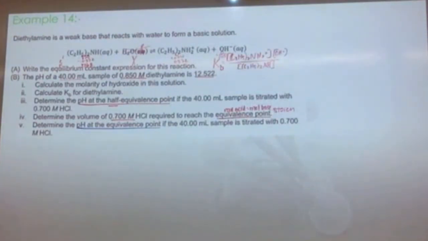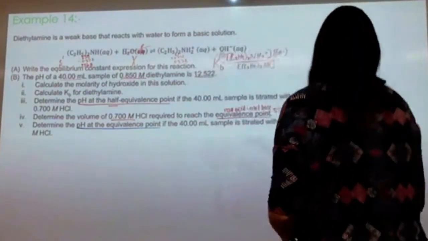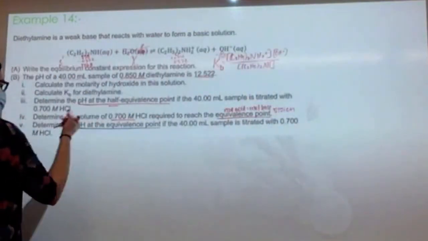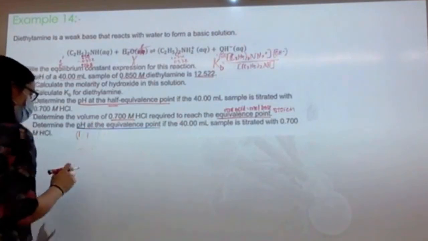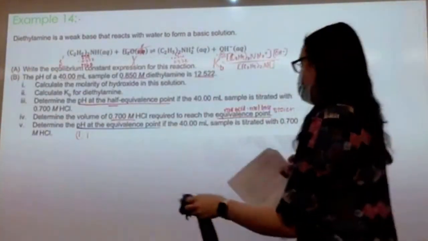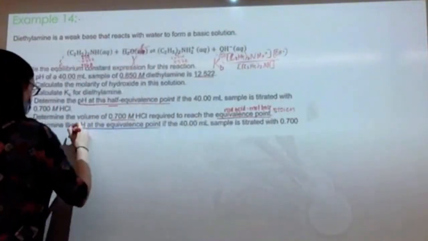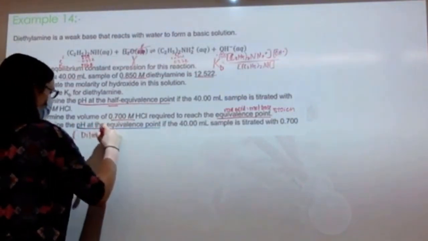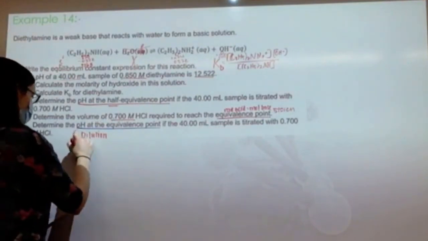So this is where we have 3 different steps for the pH at the equivalence point. We have dilution, which we have to take into account: adding volume to volume changes the molarity.